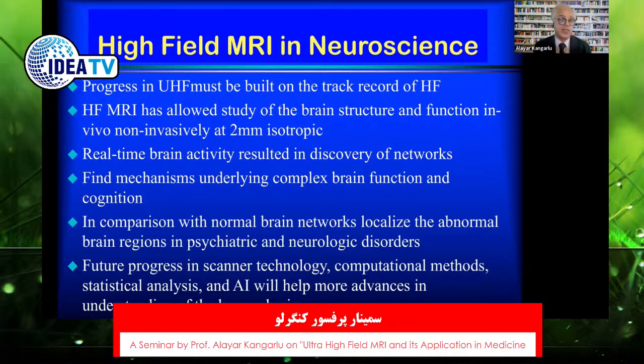And xenon-129 also is another element that can be inhaled and can produce very good functional activity measures of the alveoli and the pathologies of various lung diseases, specifically in COPD.